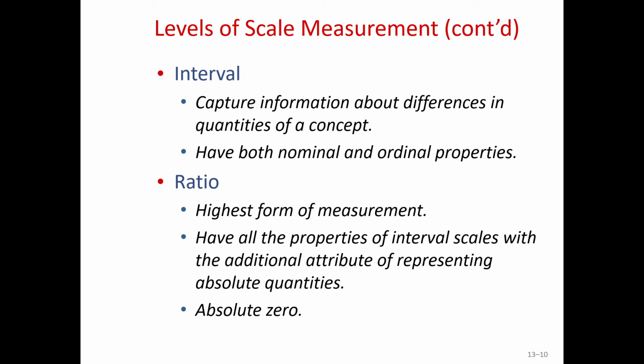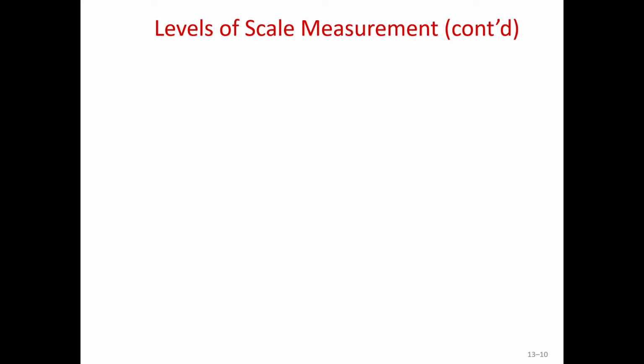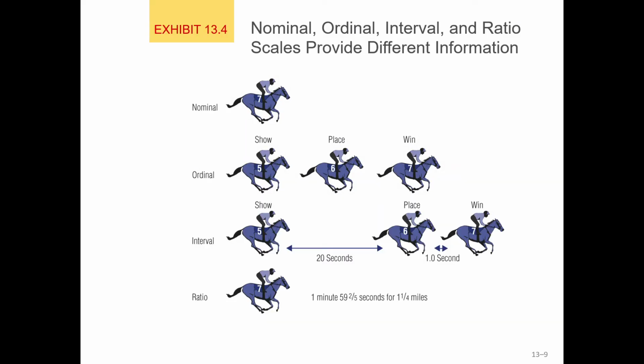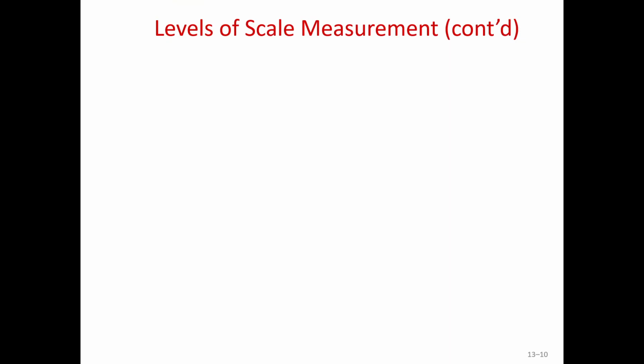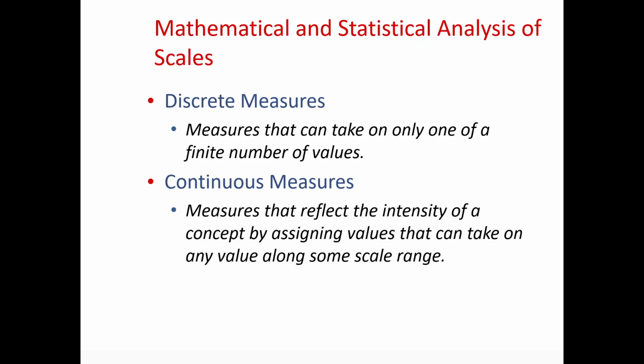Zero has meaning in that it represents the absence of some concept. An absolute zero defines the characteristic differentiating between ratio and interval scales. So these are the four scales of measurement: nominal, ordinal, interval, and ratio.